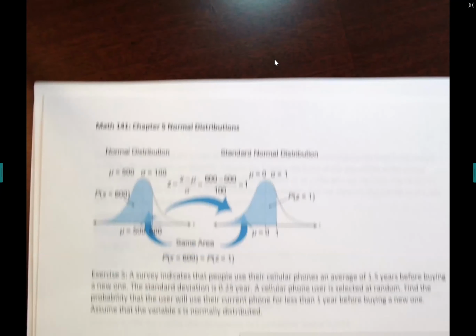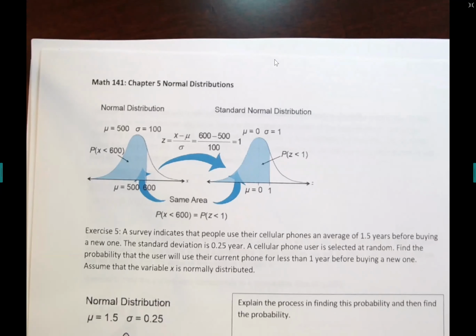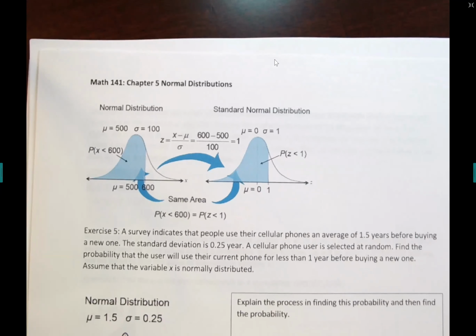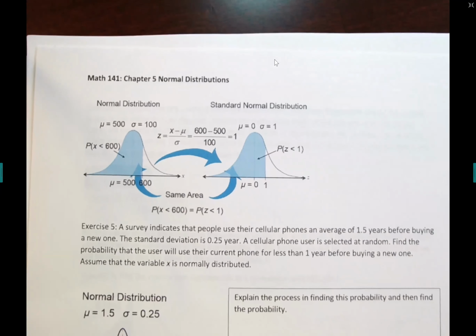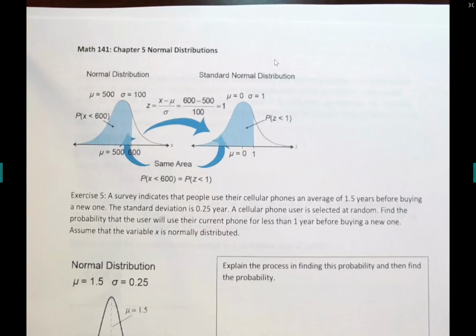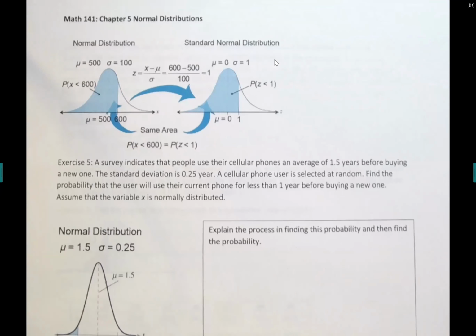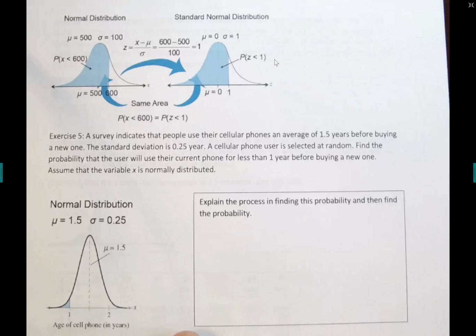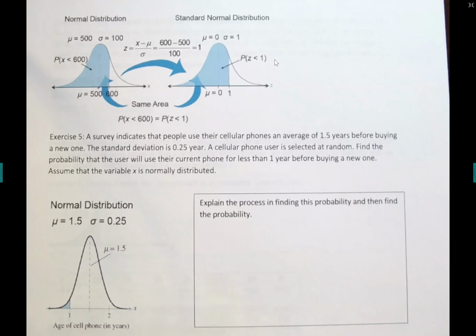There you go, guys. This is a demonstration on how to change it to a z-score. Okay. We're going to do this exercise together. Exercise 5. A survey indicates that people use their cellular phones an average of 1.5 years before buying a new one.